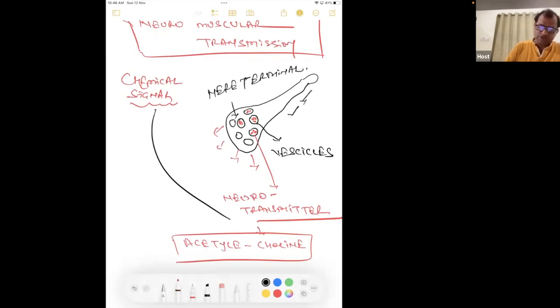When the action potential, or the electric current, comes, the vesicles come in contact with the nerve ending membrane, the presynaptic membrane, and release the acetylcholine.